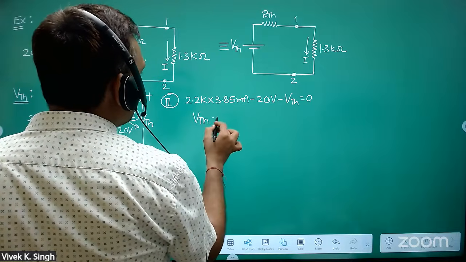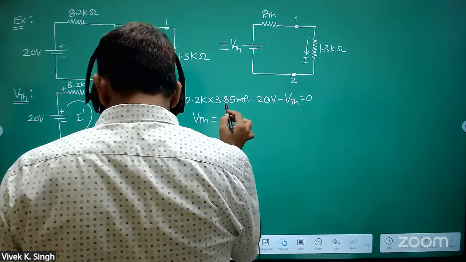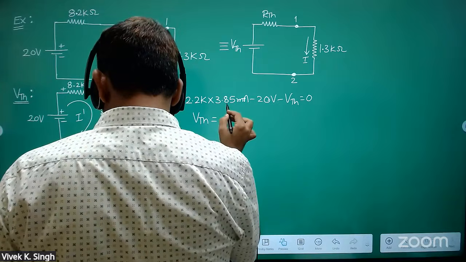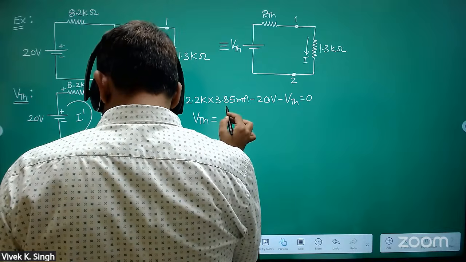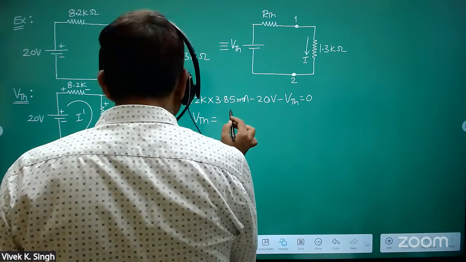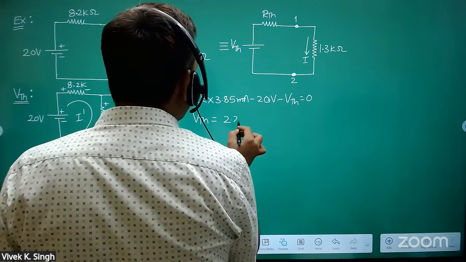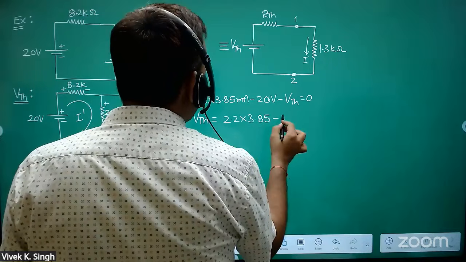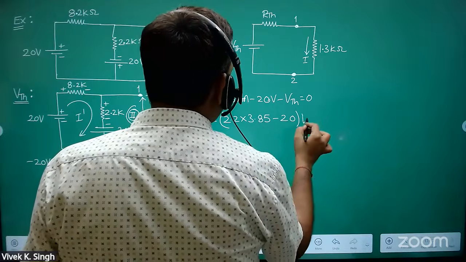So VTH will be given by 2.2 into 3.85 minus 20. Let's calculate this value. You will get this much volt.